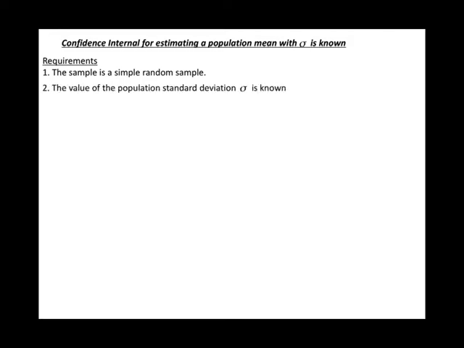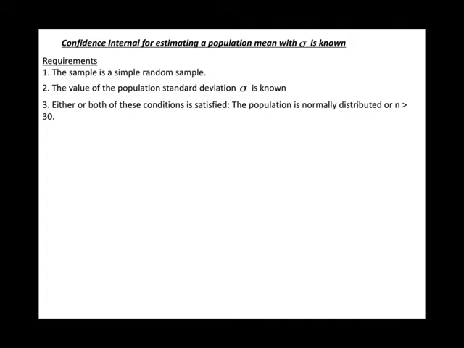First, we need to check the requirement. The sample is a simple random sample, okay? Simple random sample. And we know about the population standard deviation, okay? We know this is gonna be the population standard deviation and this is given. Number 3, either or both of these conditions is satisfied.